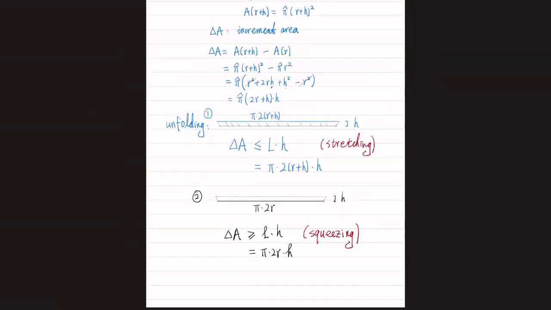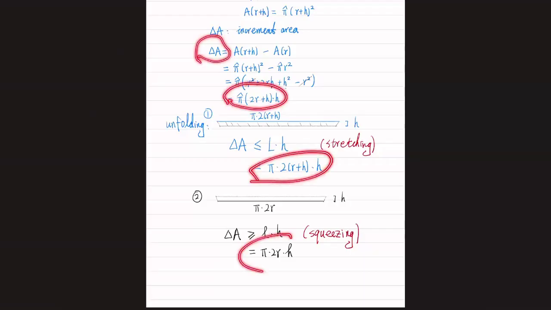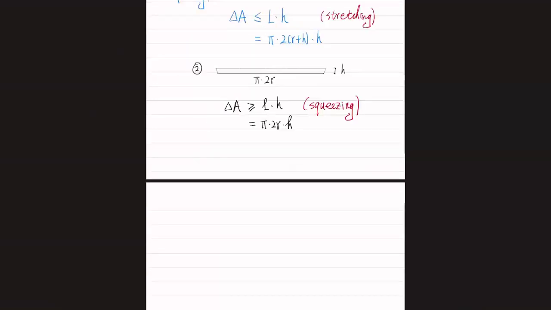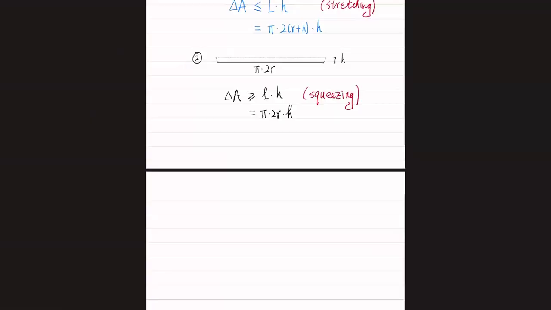Okay, so with this, let's put them all together. We have the exact increment. I have two estimates. I'm going to put all of them together, step by step. We have an upper bound. We have a lower bound.